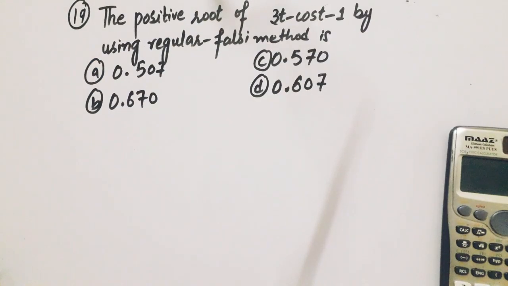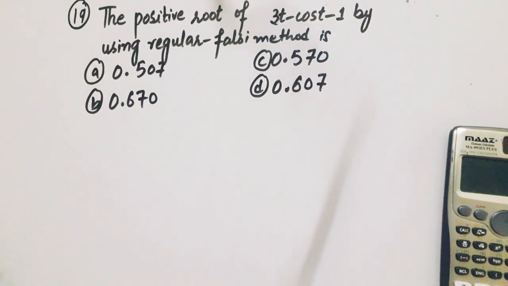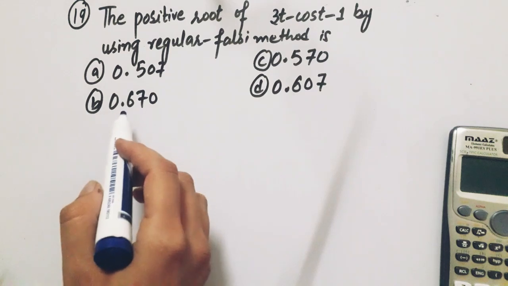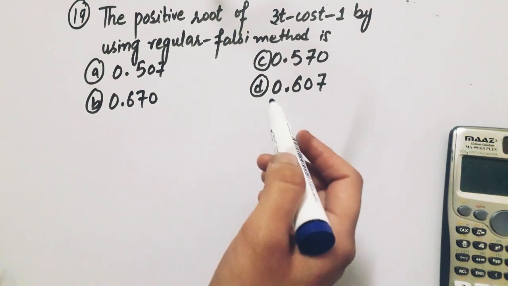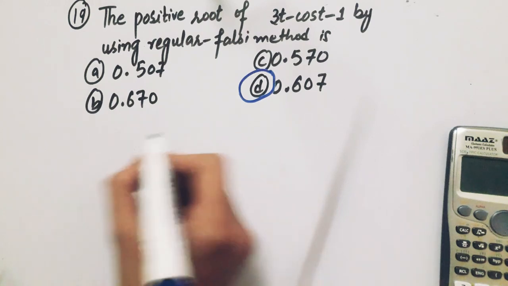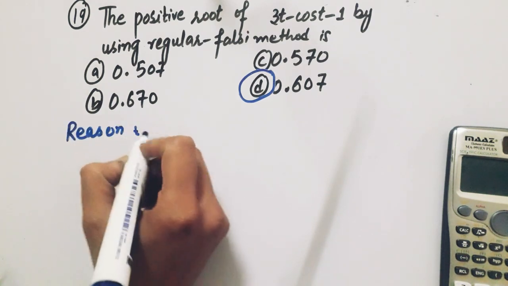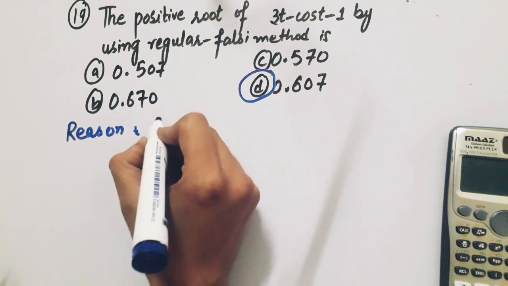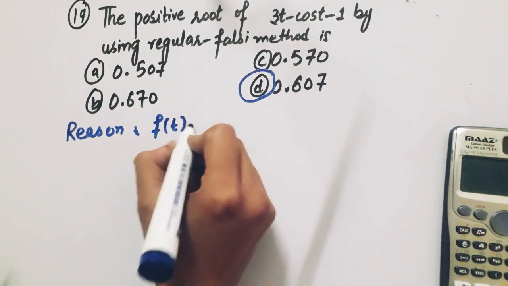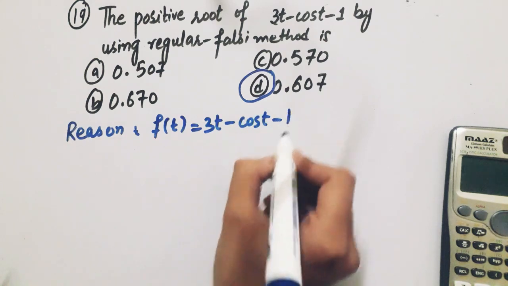Now the 19th MCQ is, the positive root of 3t minus cos t minus 1 by using the regula falsi method is 0.607. This is the right option. Now the reason behind this is, first of all, write the function f of t is equal to 3t minus cos t minus 1.